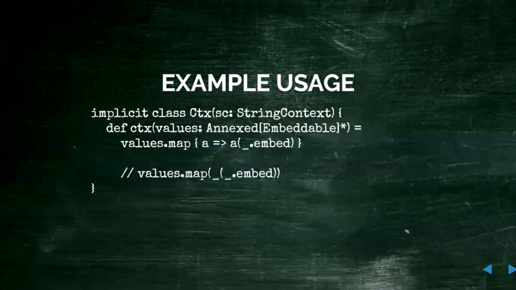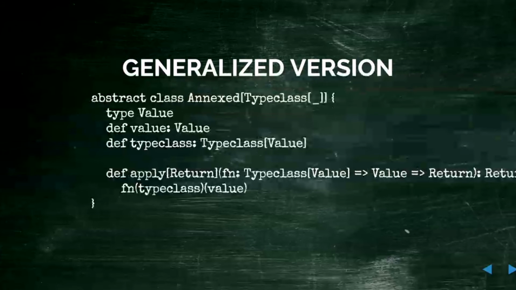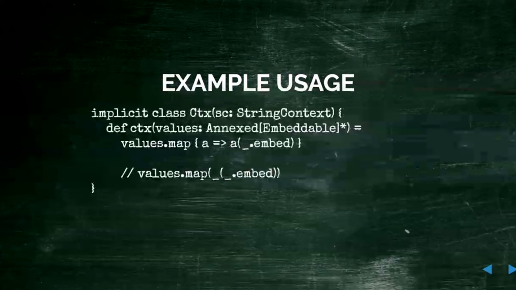The implementation, if I go back, I didn't show you this slide before, is we've got this sort of double lambda here. What it's saying is effectively for each value, we call apply on each one, which itself takes a lambda, and that lambda is the method we want to call on the type class that has been resolved for that particular annexed value.